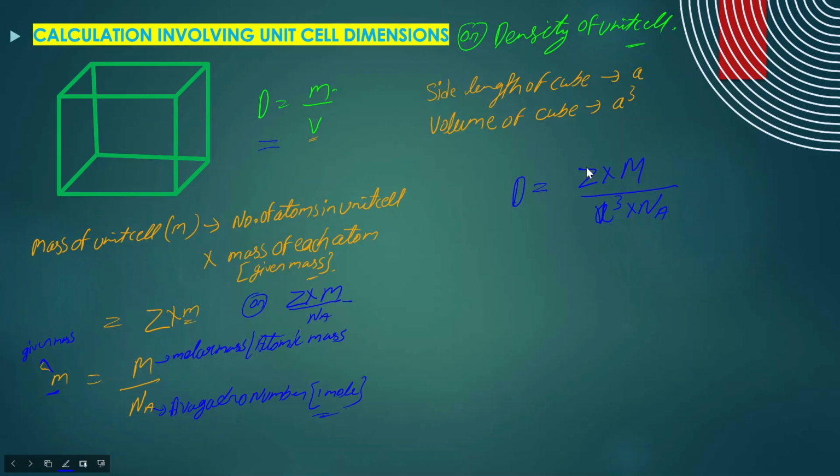Here Z is the number of atoms in a unit cell. Now I do the notation here. Wait.